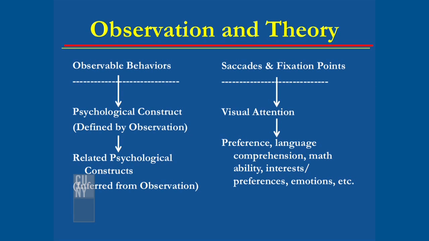They've done studies with infants, arguing that infants have an innate knowledge of mathematics, emotions, and a whole lot of other things. But it all hinges on these two observable measures, looking and moving your eyes.